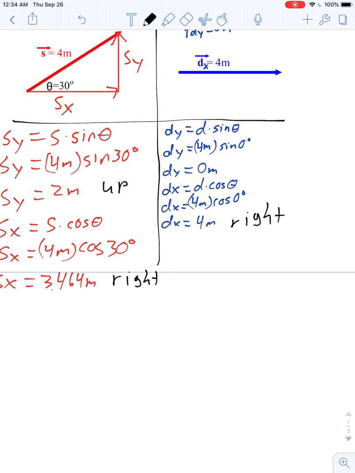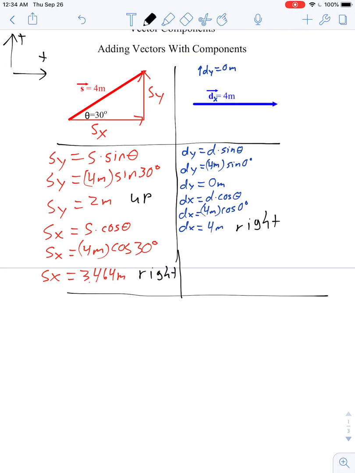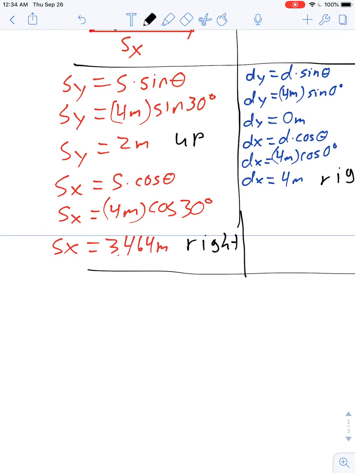Okay, so now once I've done this step, the next thing I need to do is compute what's called the components of the resultant. All that means is the resultant vector, which I'm going to call R, has a vertical component and a horizontal component. To get the vertical component, I just take the individual components.